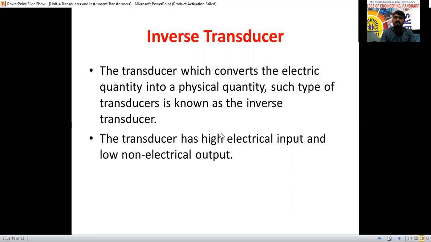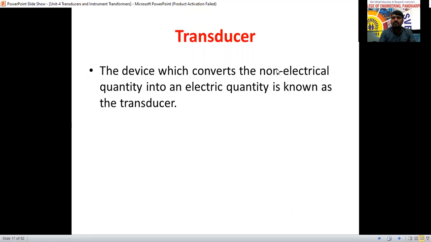But what do you mean by an inverse transducer? Here we have considered non-electrical quantity to electrical. Its inverse, क्या हो जाएगा इसका? Input will become output, output will become input.